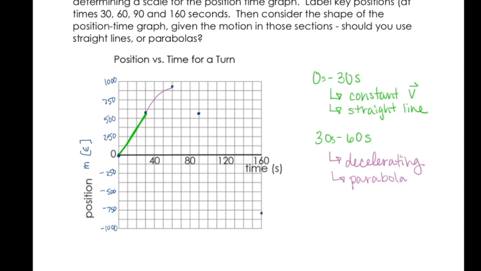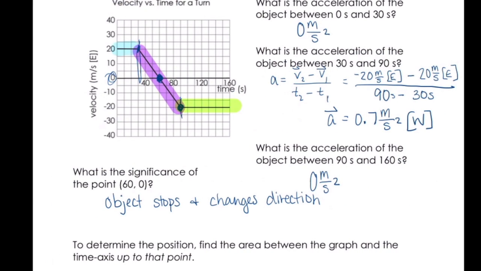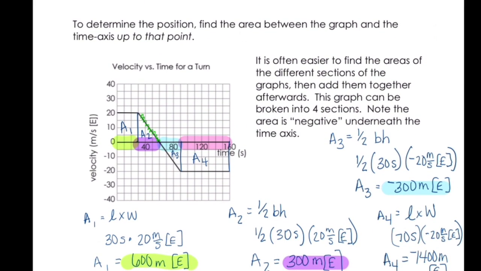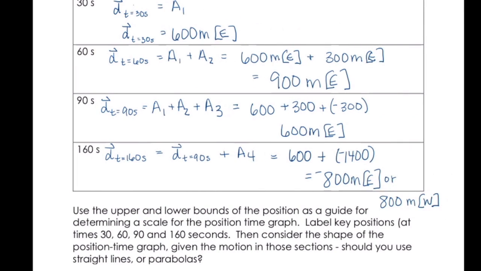So here's a representation of a parabola, okay? From 60 seconds to 90 seconds. So from 60 to 90 seconds here, we're speeding back up, but in the opposite direction, right? The velocity is changing. We're going from 0 to 20 meters per second. So we're speeding up in the opposite direction.